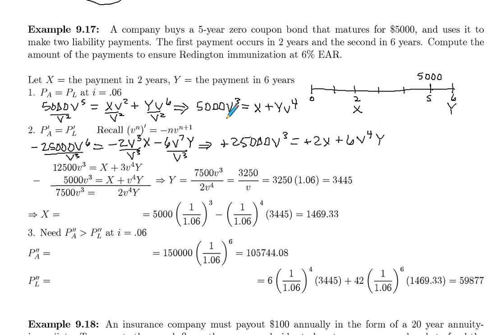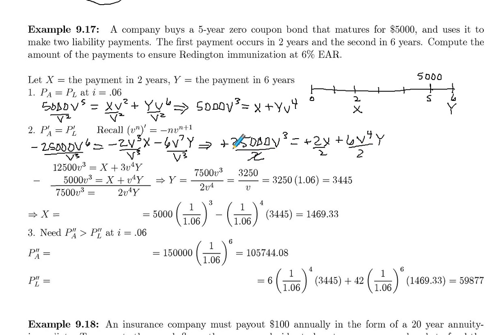So now what we have is a system of equations with 2 variables and 2 unknowns. Also notice here we've got a common factor of 2 that we can divide off on both sides.